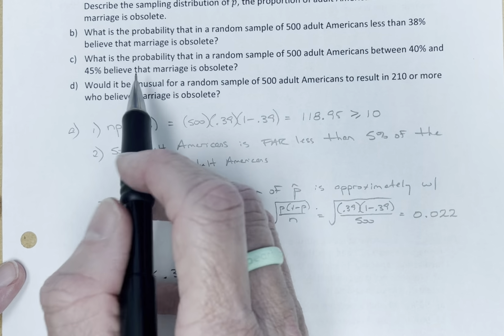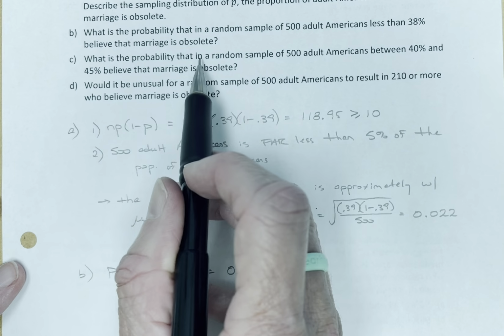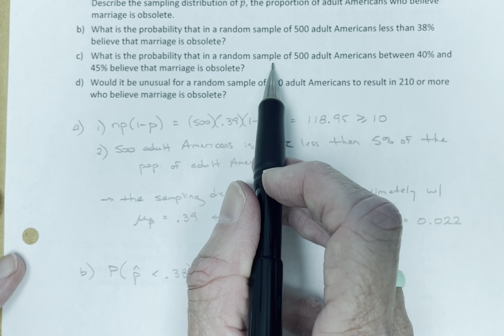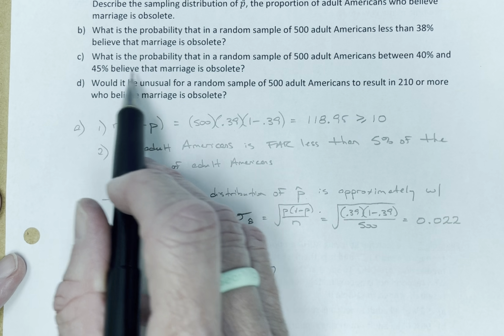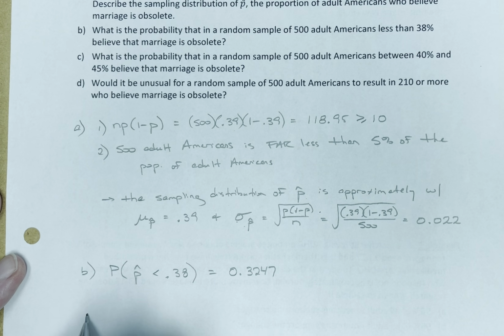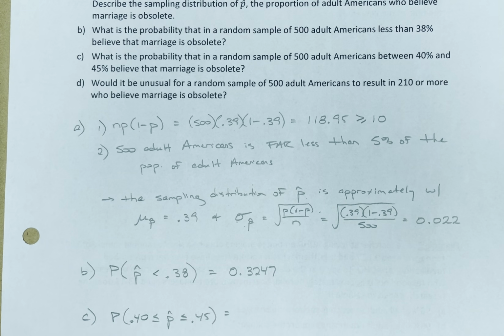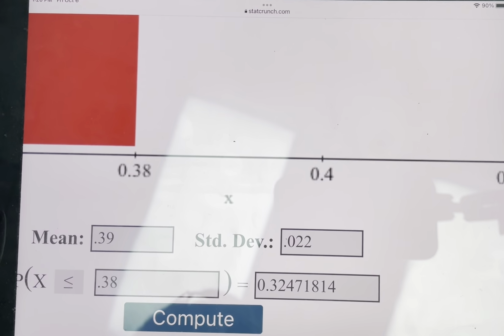Okay, letter C: what is the probability that in a random sample of 500 adult Americans, between 40% and 45% believe that marriage is obsolete? The probability that p hat is between 40% and 45%. Okay, let's go back to our normal calculator.